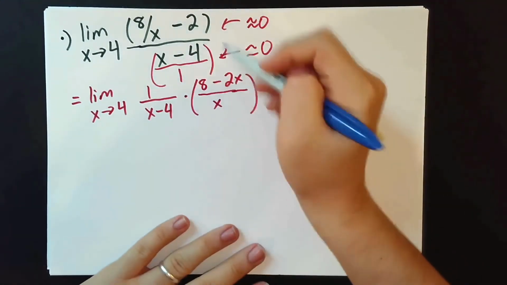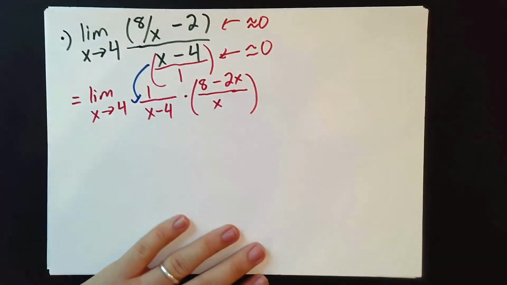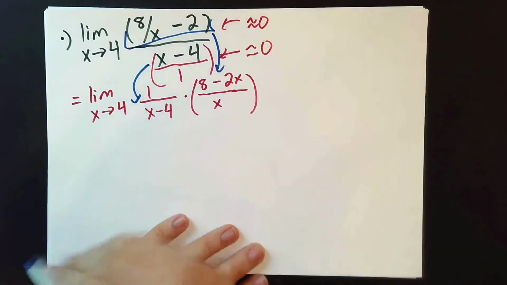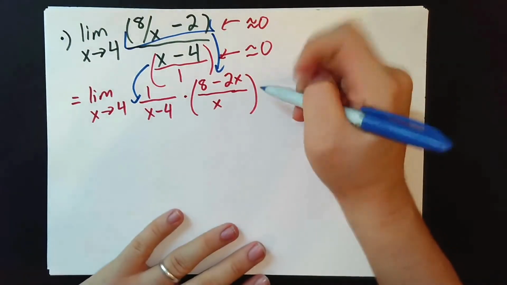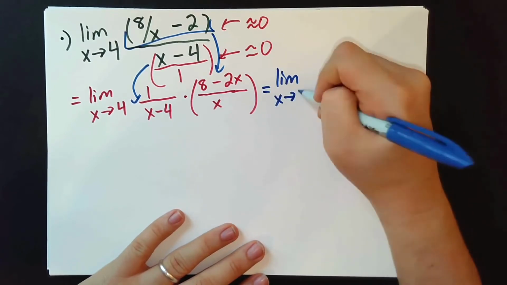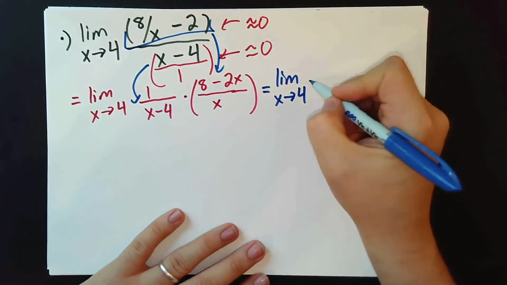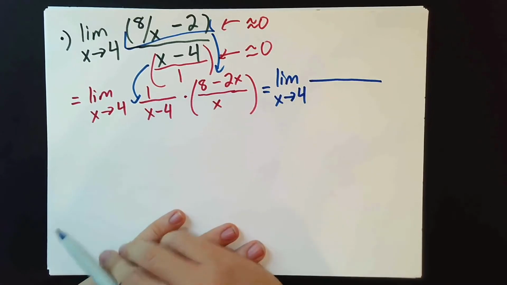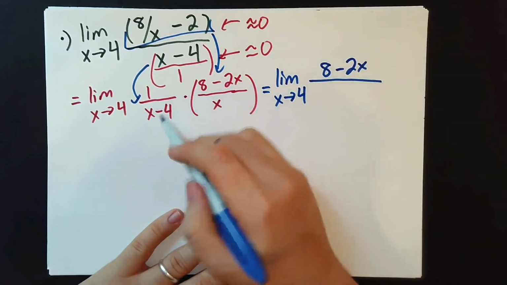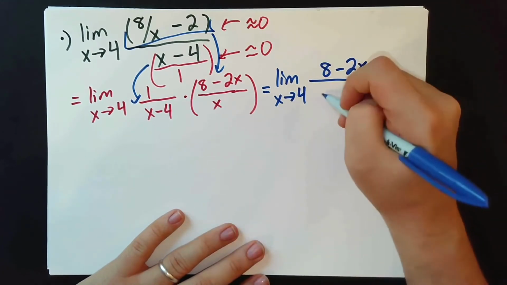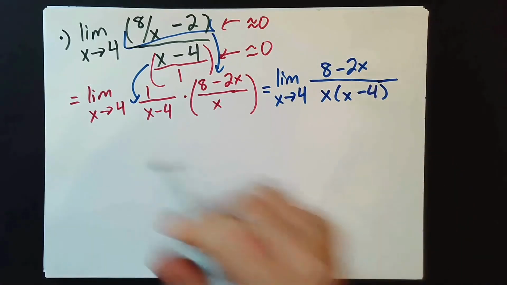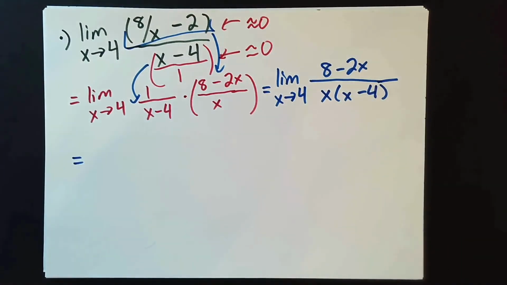I flipped the fraction in the denominator over, and I wrote this thing in the numerator over a common denominator. So I can now multiply this, so 1 times that's going to be the same thing. And I'm going to get x minus 4 times x in the denominator. And things are starting to look a little bit better.